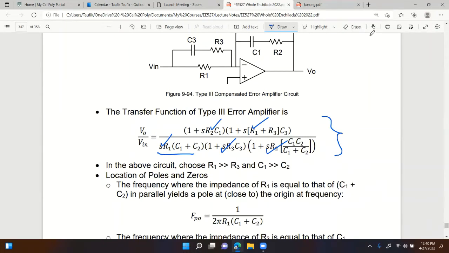In the above circuit, just like type 2, we want to place the zero before the pole. So in order to ensure that the zeros occur before the poles, you have to select the components carefully. In this case, R1 must be larger than R3, and C1 must be larger than C2.